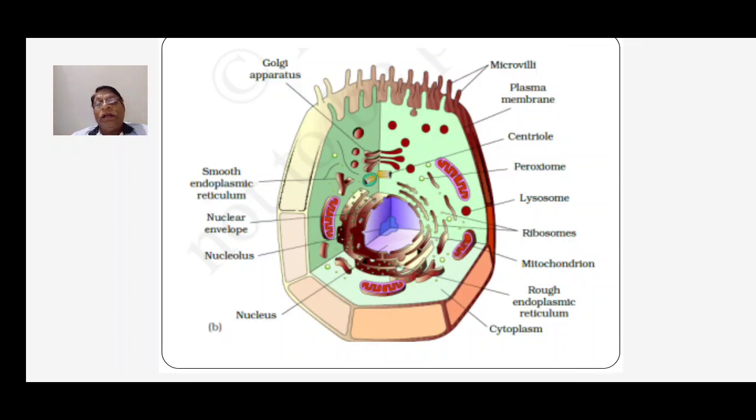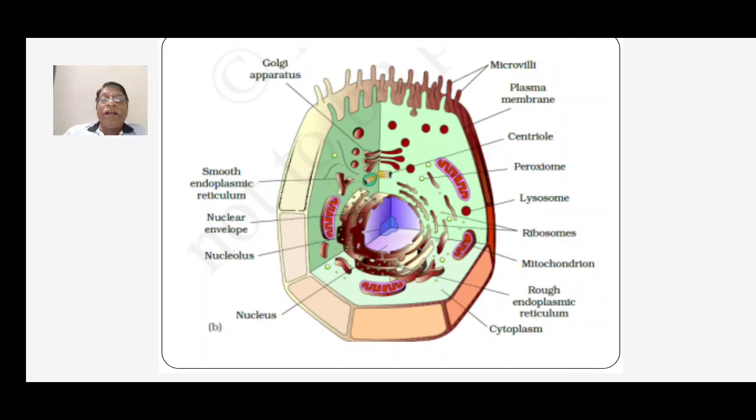Next, the cell wall is made up of the chemical cellulose. Cellulose is absent in the animal cell. Plastids are present only in the plant cell, absent in the animal cell.